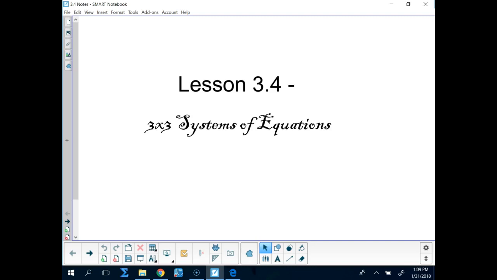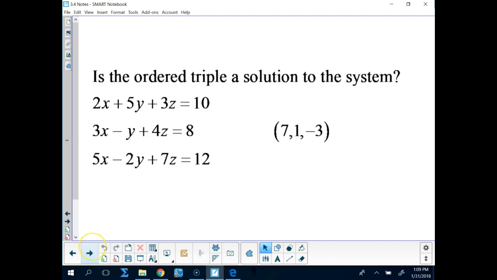So 3 by 3 systems stand for 3 equations with 3 unknowns. Okay? So one thing to do is ask if an ordered triple, because now I've got 3 variables, so now it's an ordered triple.